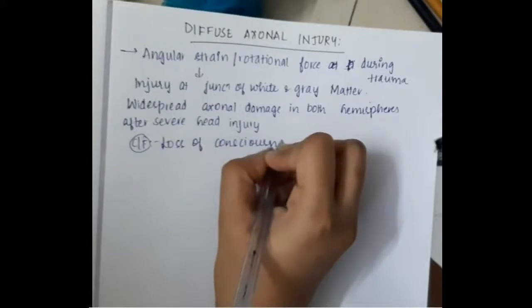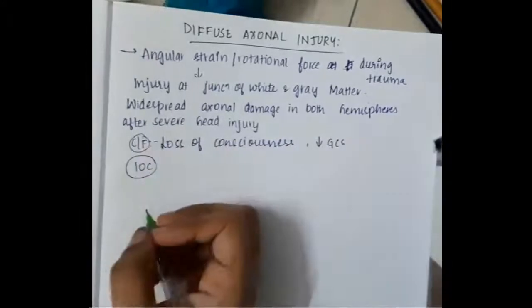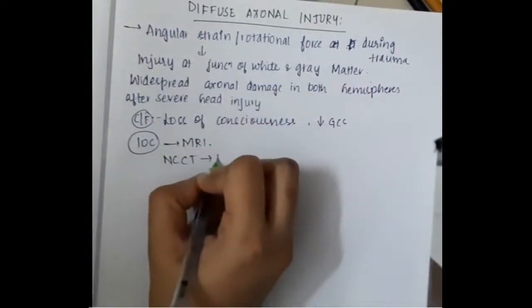The clinical features of diffuse axonal injury include loss of consciousness and decreased GCS. There will not be any other clinical features. If the patient has decreased GCS with loss of consciousness, then you should think of diffuse axonal injury.